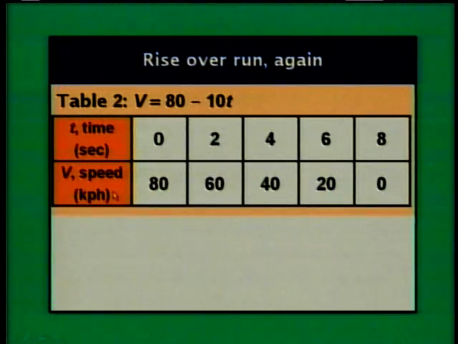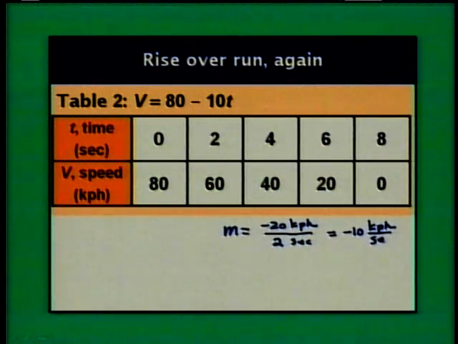So now when I write down my slope, I'm going to consider units. So I had my rise was -20, but now I know that's measured in kilometers per hour, and my run is 2 seconds. So my slope is -10 kilometers per hour per second.